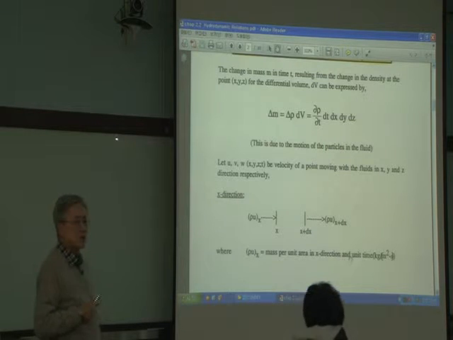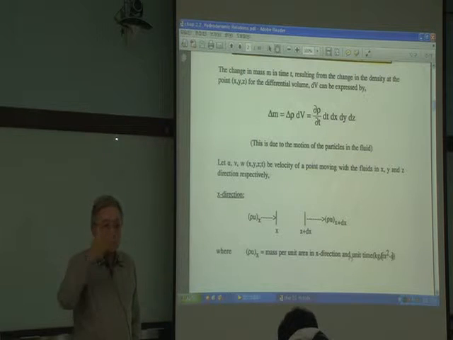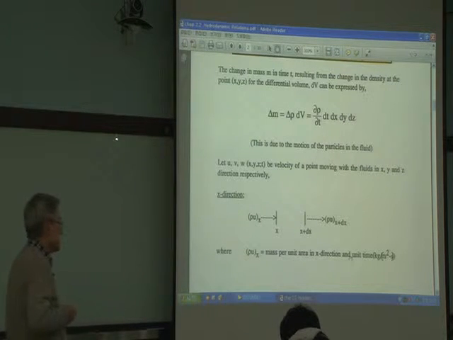In the other directions, you have the y plus dy face and the z plus dz face. So the flux rho u is in the x direction first.